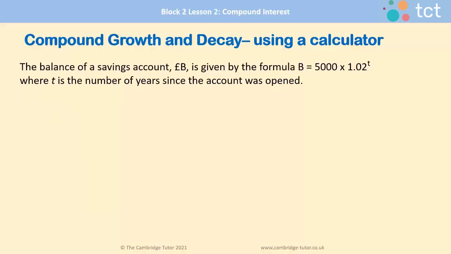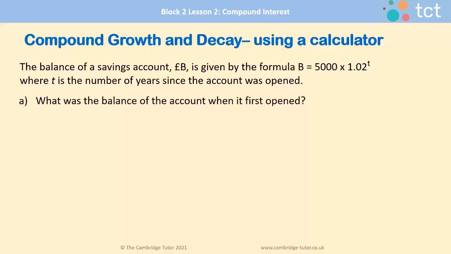The balance of a savings account is B pounds, and it's given by the formula B equals 5,000 times by 1.02 to the power of t, where t is the number of years since the account was open. The first part of this question, what was the balance of the account when it first opened?